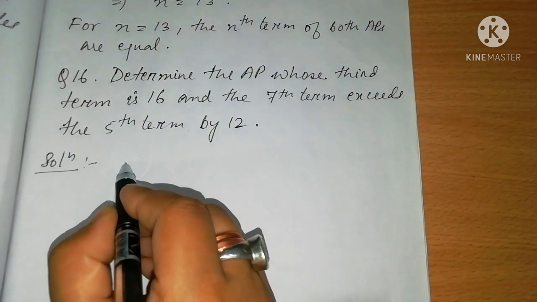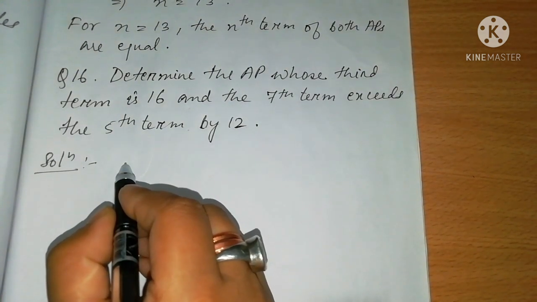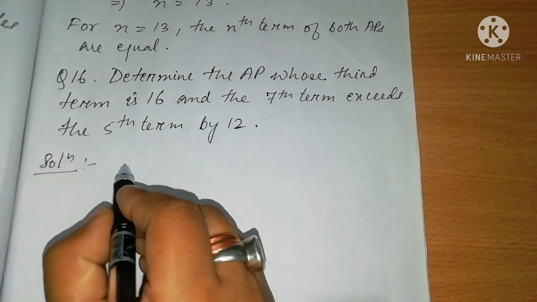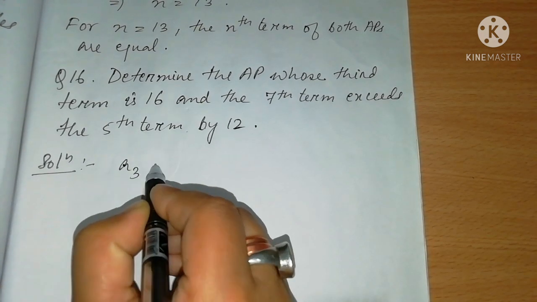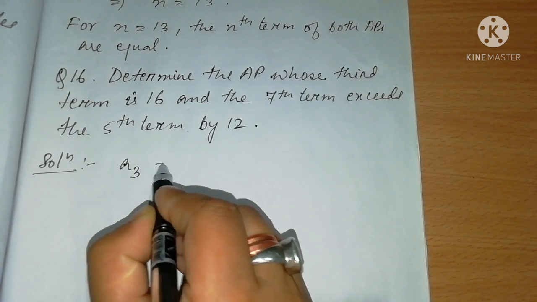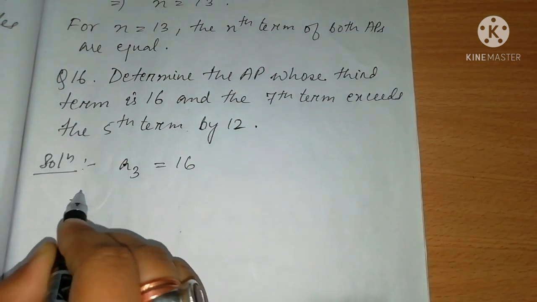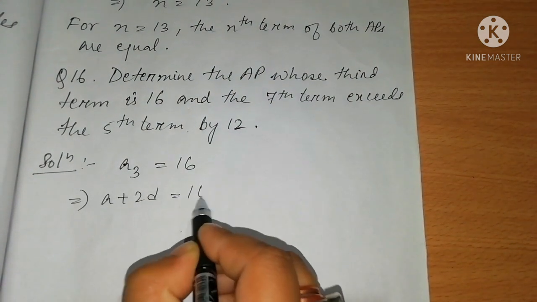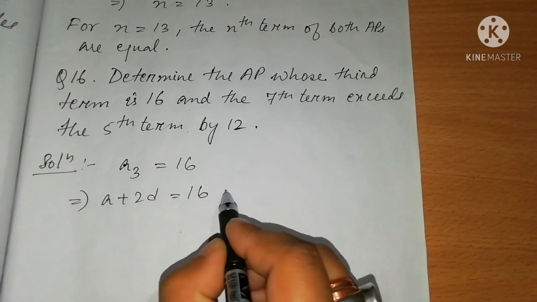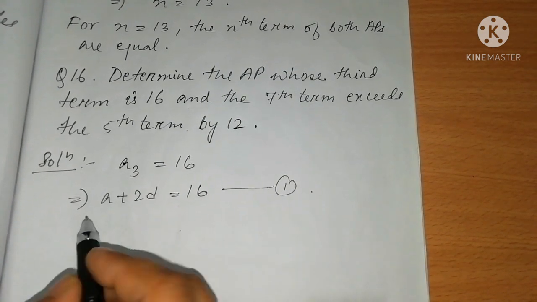So we need to determine the AP for that given third term. The third term, A3, is given as 16. So A3 in general I can write as a plus 2d, which is equal to 16. This is equation 1.